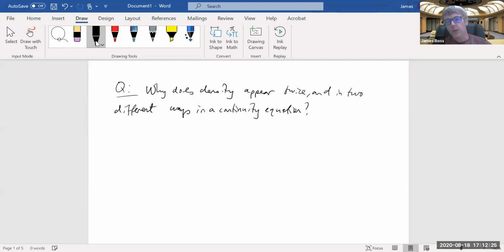So think continuity, continuous, conservation is continuous. So why does it appear twice and in two different ways? Well, to answer that, it's going to take a second, so let's start.